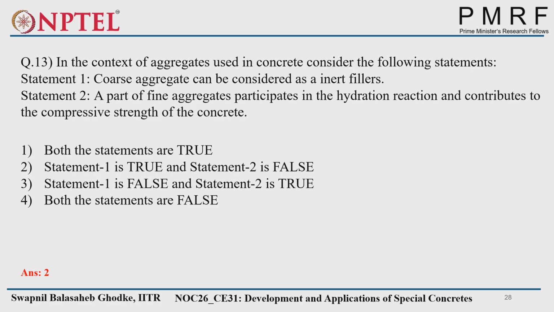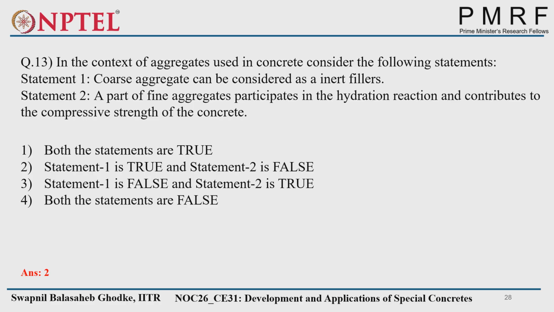And if that silt content is higher, what happens? It means too much dust is available in the fine aggregate. So what happens to the concrete? It weakens the concrete. In what aspect? It cracks easily because of the higher amount of dust.